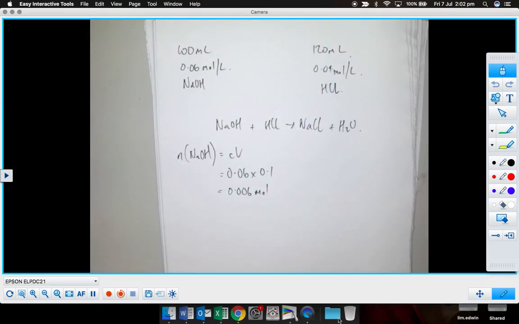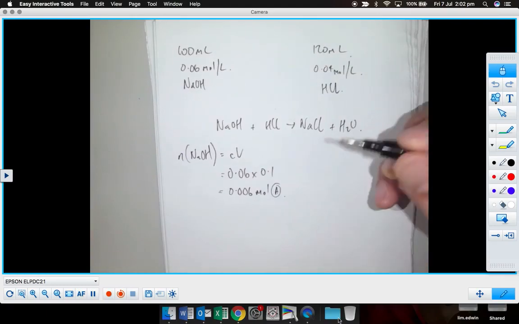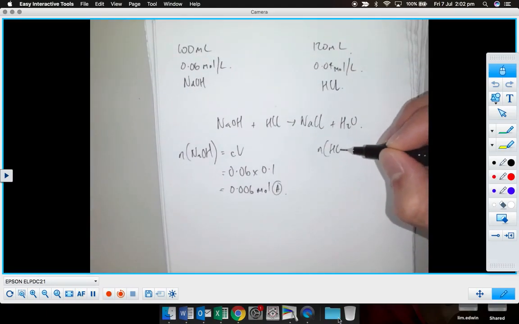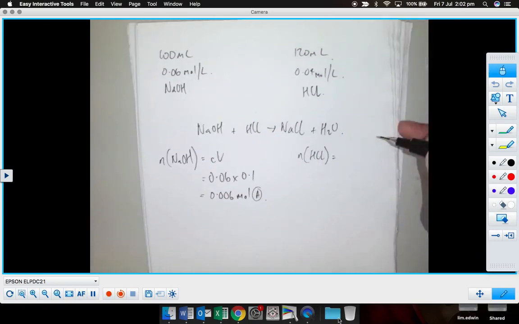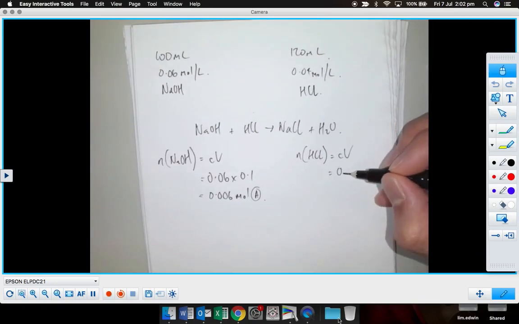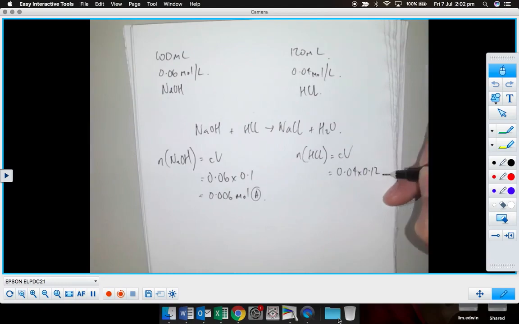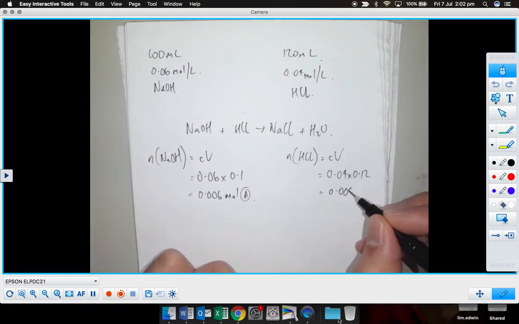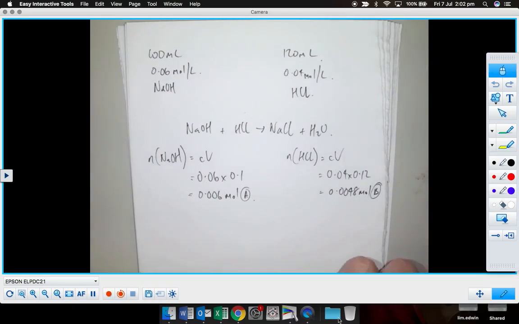I'm going to store that as A. The number of moles of HCl is equal to CV, which will be equal to 0.04 times 0.12, which happens to be 0.0048 mole, and I'm going to save that as B.